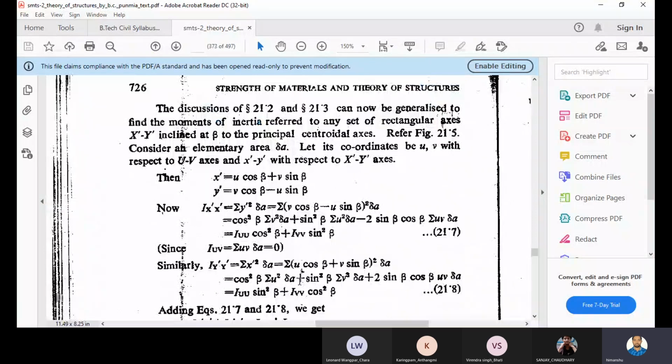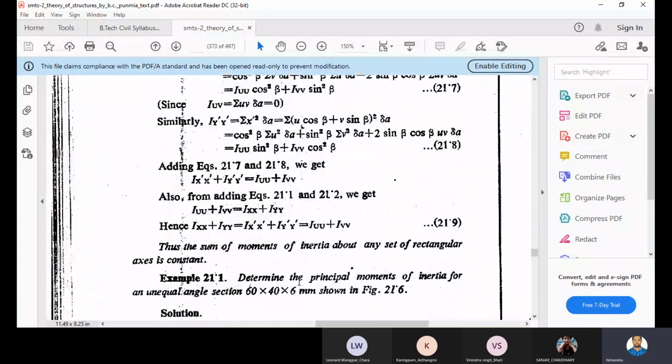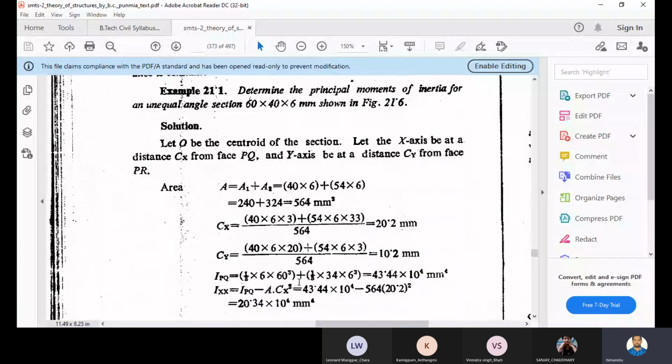Let us take an example first, then we will move further. Determine the principal moment of inertia for an unequal angle. Okay, what you have to do, you have to find out the principal moment of inertia for an unequal angle 60 into 40 into 6 mm as shown in figure.